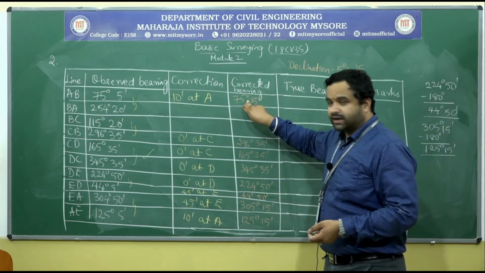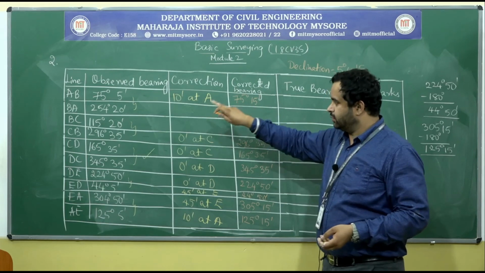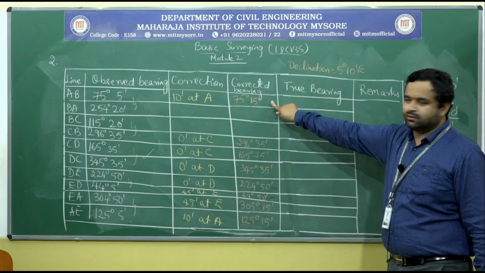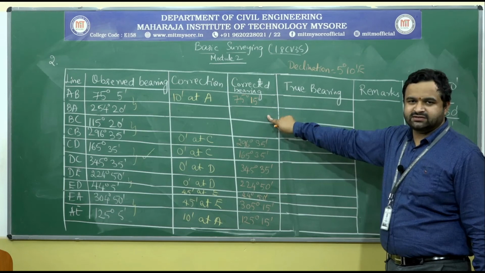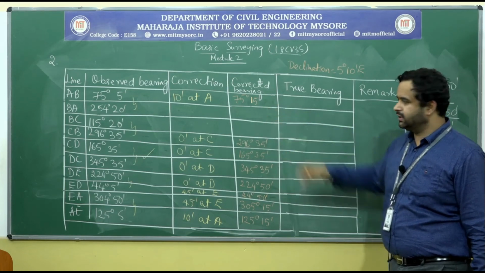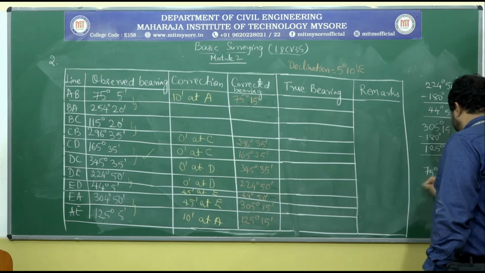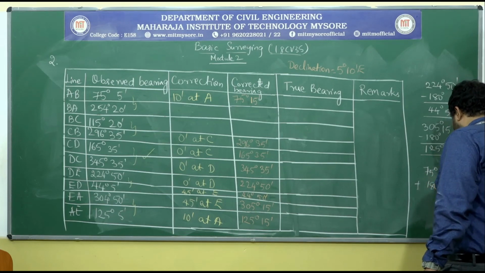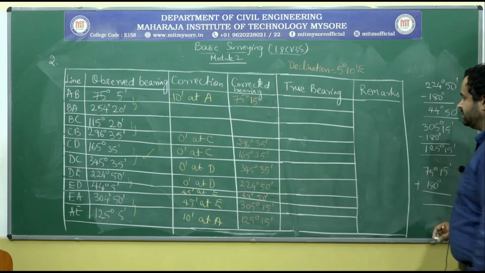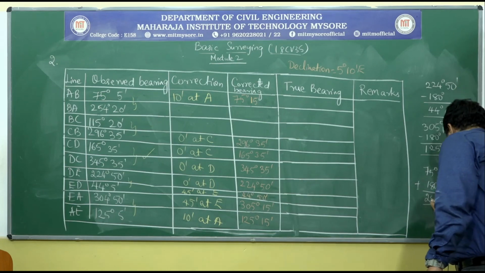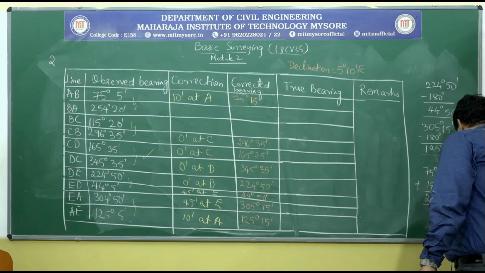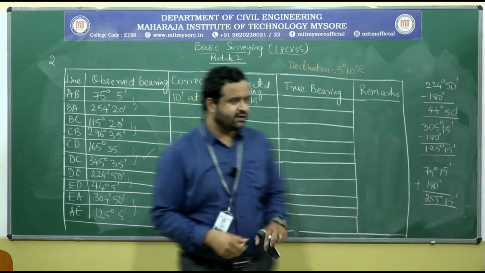Now if this is the correct fore bearing of the line AB, what about its correct back bearing? If you add 180 to it, you will get the back bearing. Since it is less than 180, we are adding 180: 75 degrees 15 minutes plus 180 will give you the back bearing of the same line, that is 255 degrees 15 minutes.